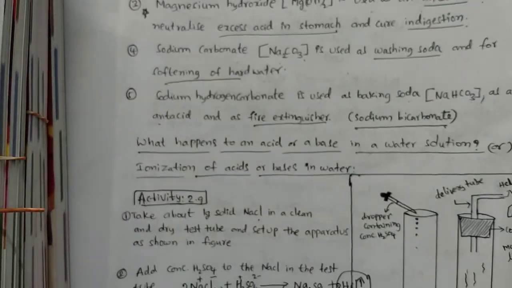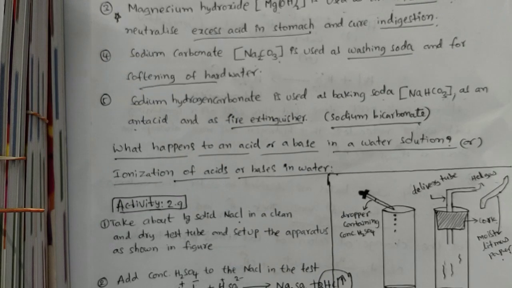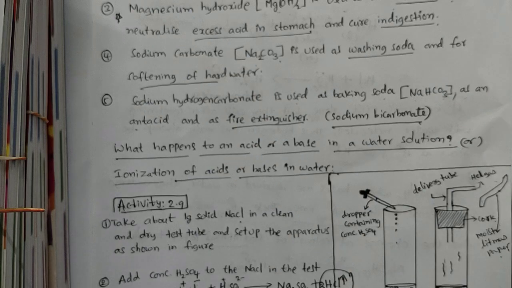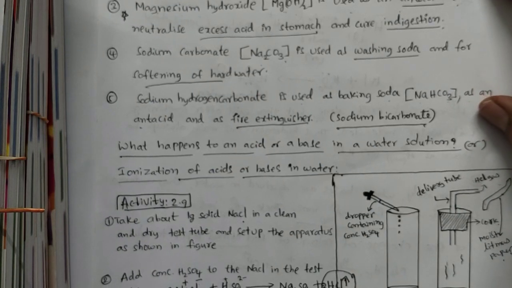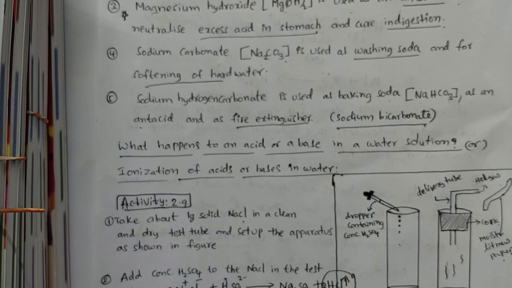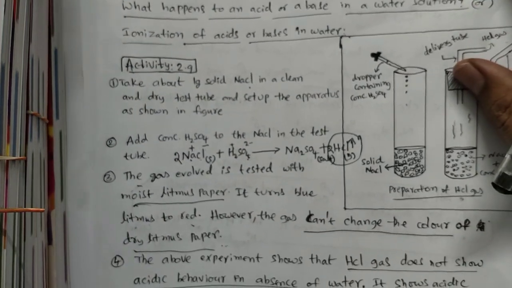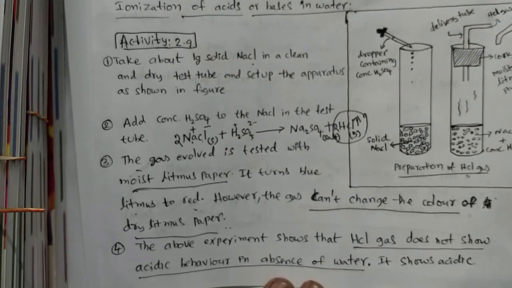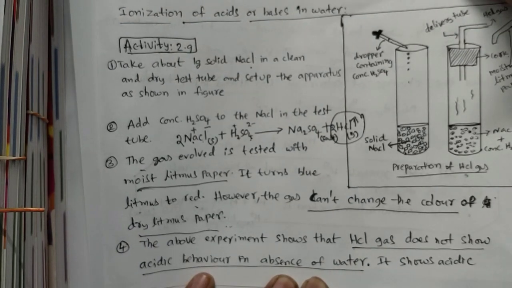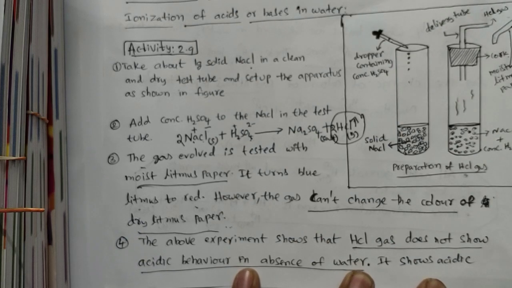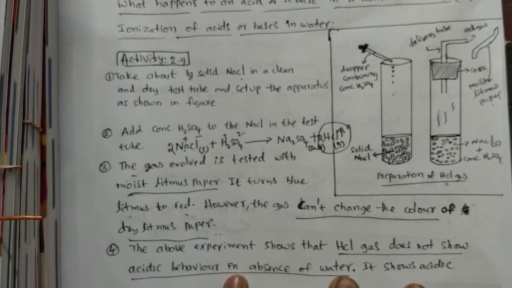So what have we learned from this activity? What happens when acids and bases are put in water? They simply undergo ionization. Ionization is nothing but the production of or splitting of a substance into ions. Whenever an acid or a base is kept in water, it undergoes ionization.